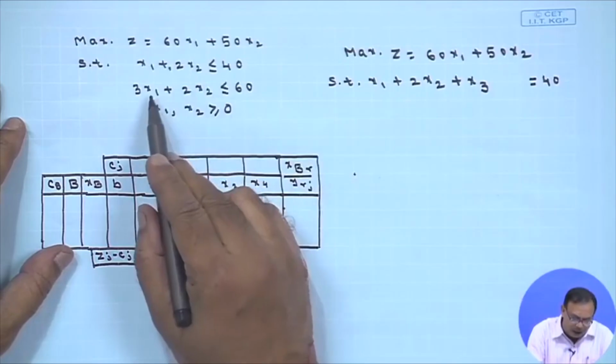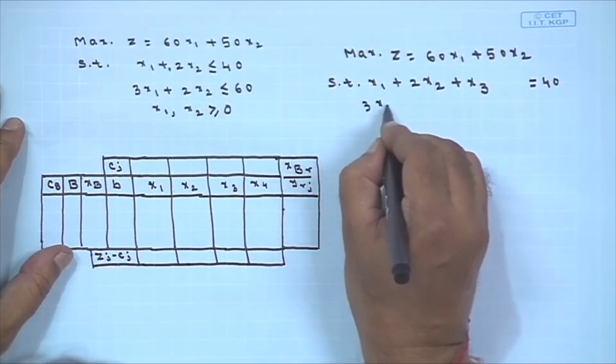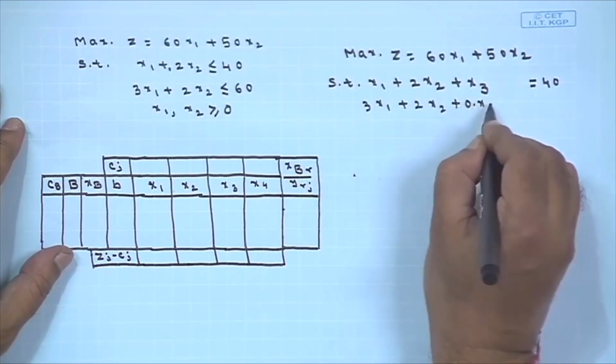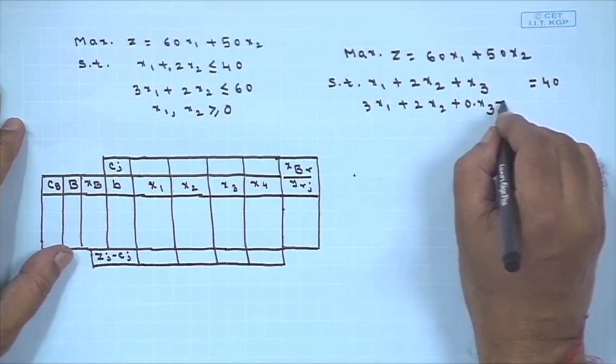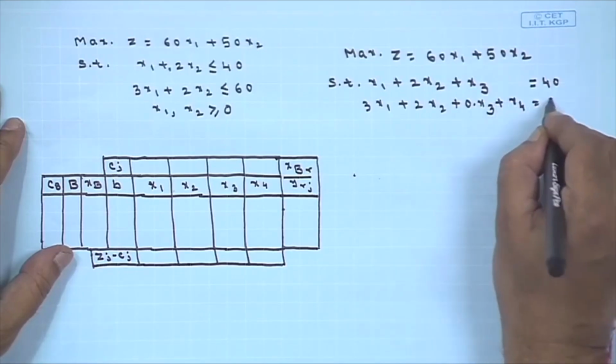The second one will be 3 x1 plus 2 x2 plus 0 into x3 plus x4 equals 60.